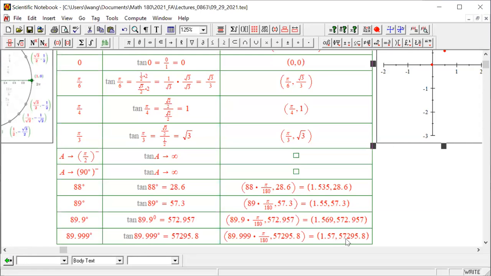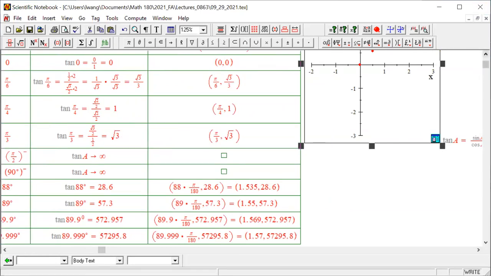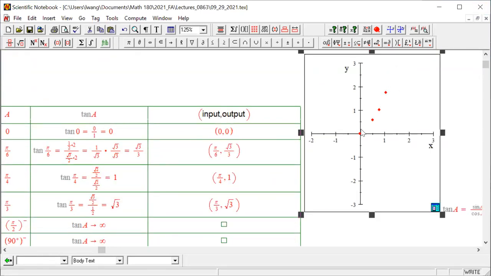This is 57,000. I should adjust it to 58,000, something like that. So you're going to see a little twitching of the curve. These points will be cluttered together because we have changed the scale on the vertical direction. We have to do it because we want to see those points.